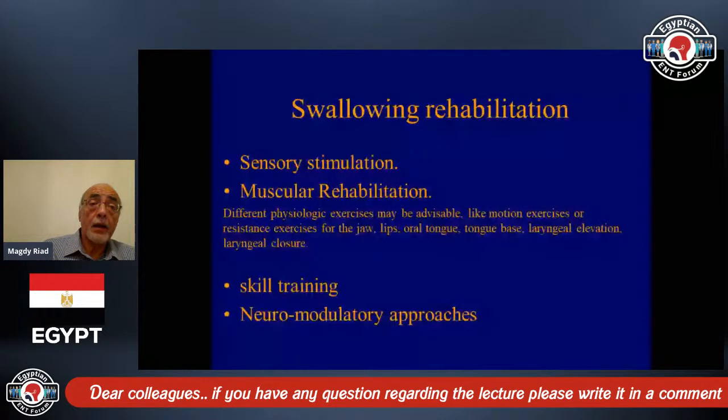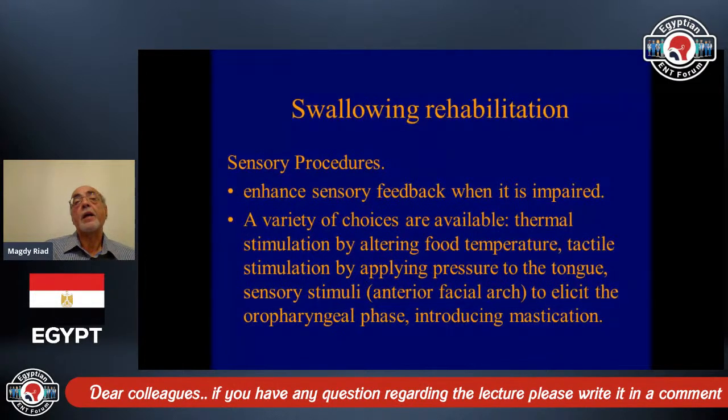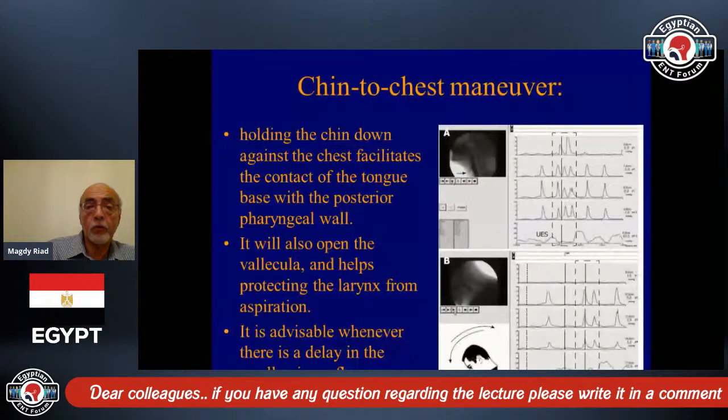So this is how you'd want to improve the sensory perception by a variety of things. You would want to have thermal stimulation, sometimes tactile stimulation by applying pressure or having cold or carbonated beverages. But as I say, it's the muscular improvement that is the bulk of the work they do.